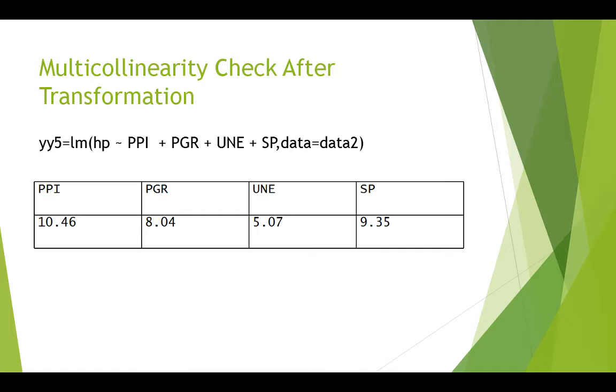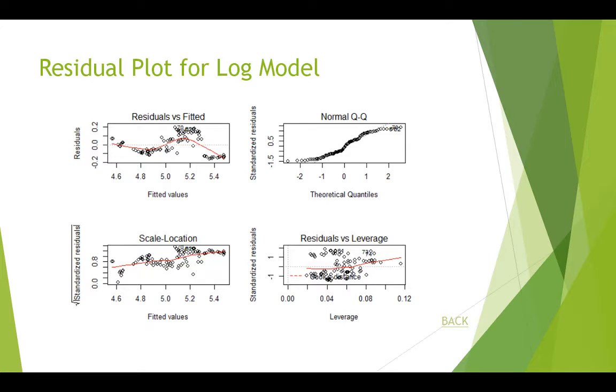Then we also do a multicollinearity check after the transformation. There are 4 variables left, which are PPI, PGR, UNE, and SP. But the residual plot is even worse, so we need to find another way out.